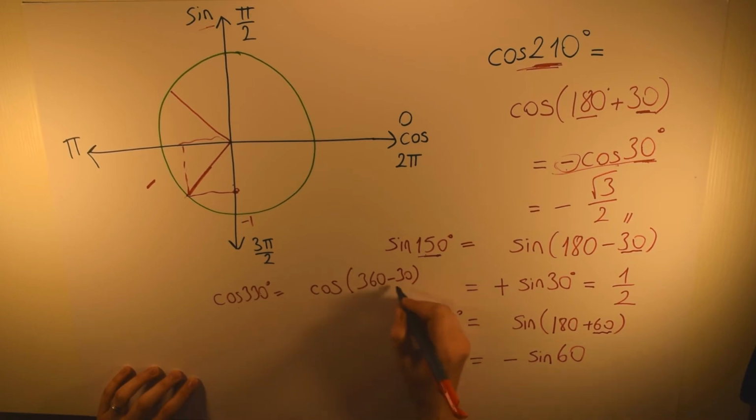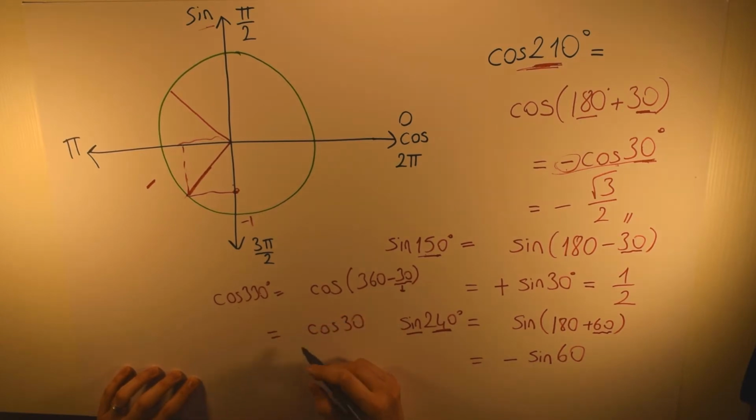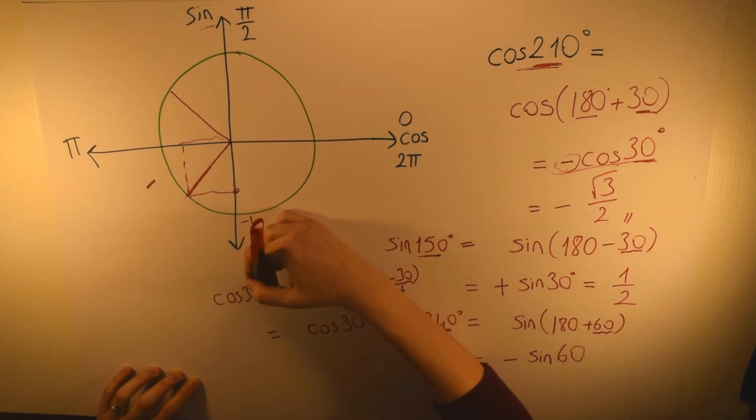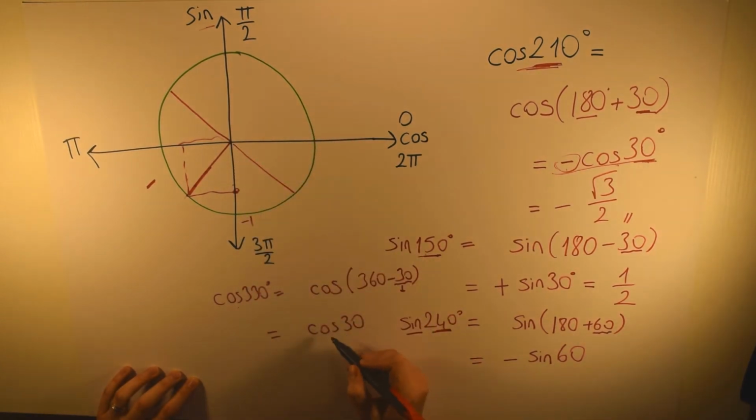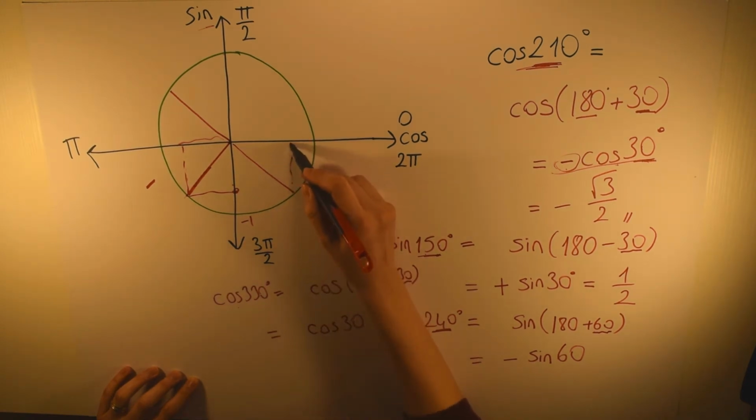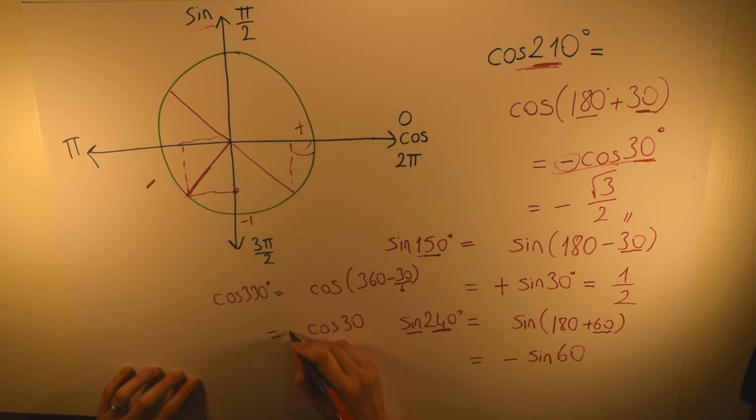So I again need this part. So this will be something cosine 30 actually. So let's find the sign of this. 330 will be somewhere here, and the cosine sign here is positive, right? On the positive side. That's why this is equal to plus cosine 30, which is equal to square root of 3 over 2.